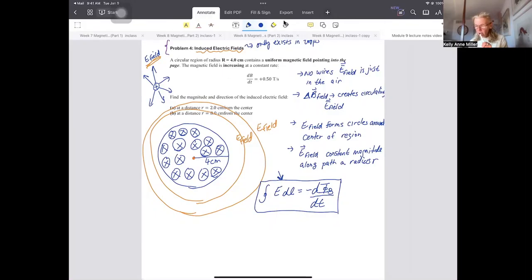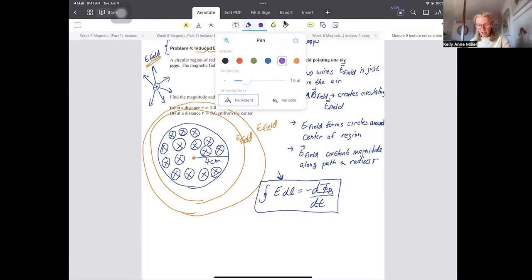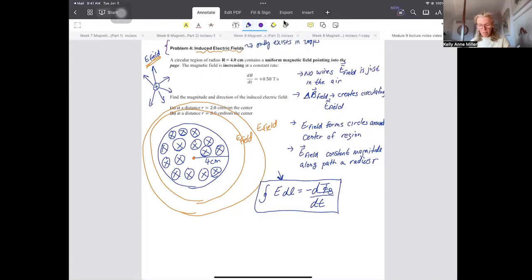I'm going to draw a path, and that path is going to be parallel. Let me use purple. So I'm going to draw an Amperian loop inside my region. I'm interested in 2 centimeters from the center and 8 centimeters from the center. Let me first draw my Amperian loop here, inside.